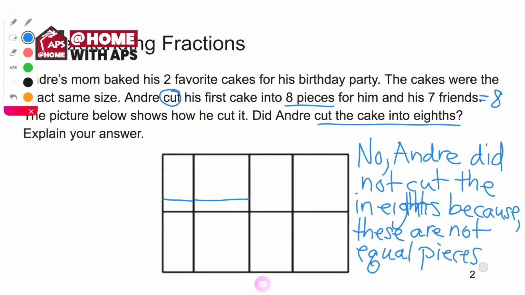And remember, to be eighths, they had to be equal sized pieces. They can't be random, like big size, little size, cut with the diagonal. They have to be the same size, same shape. We can't have all these different random sizes.